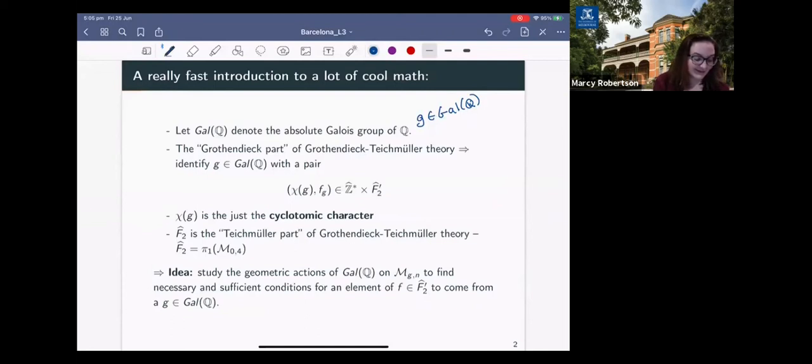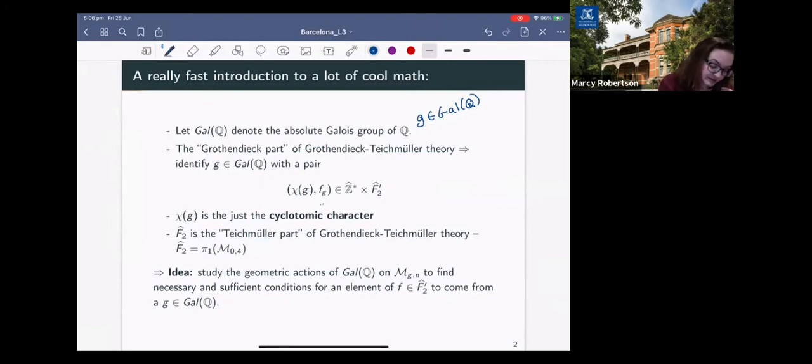So, and I'm being rather loose with this, so maybe I apologize, but the Grothendieck part of Grothendieck-Teichmüller theory was a program by Grothendieck that said you should try to identify elements of the absolute Galois group of Q with pairs of an integer and an element of the free group.